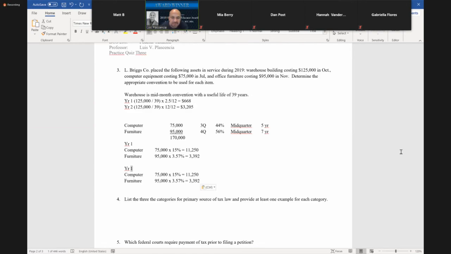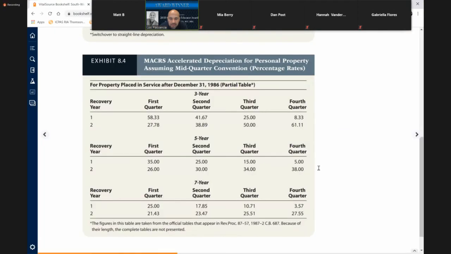So let's see. What would that percentage be for the second year? 34. I mean for the 5-year asset?